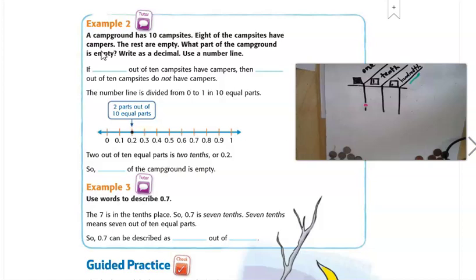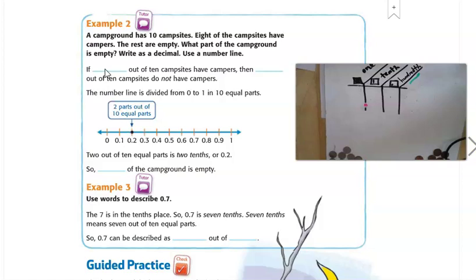A campground has 10 campsites. 8 of the campsites have campers. The rest are empty. What part of the campground is empty? So if we started and worked our way backwards, we would go back 1, 2, 3, 4, 5, 6, 7, 8 campsites were full. That leaves 2 campsites empty.